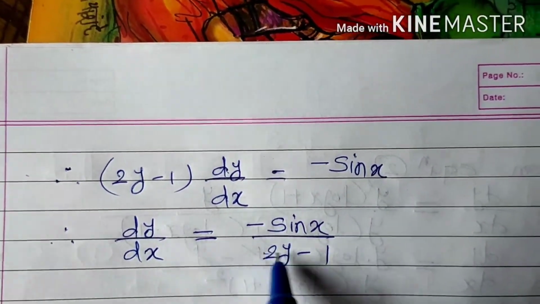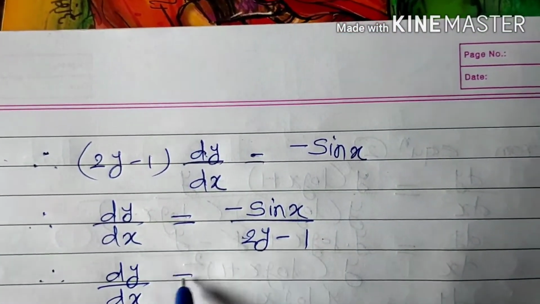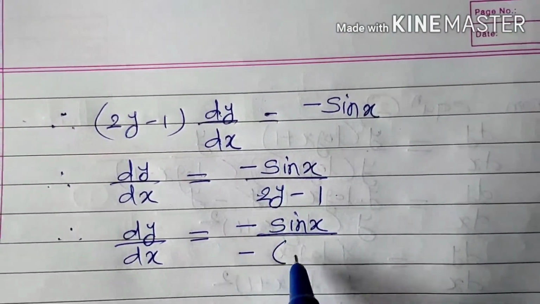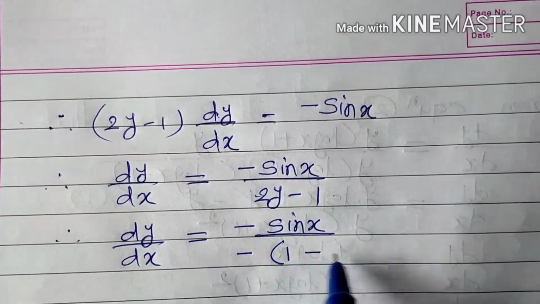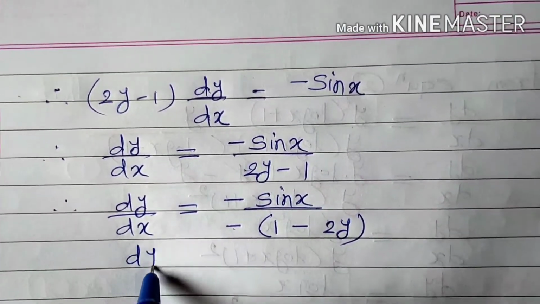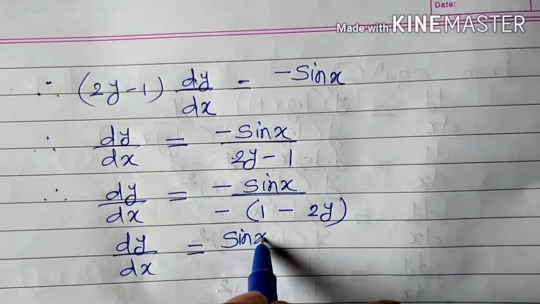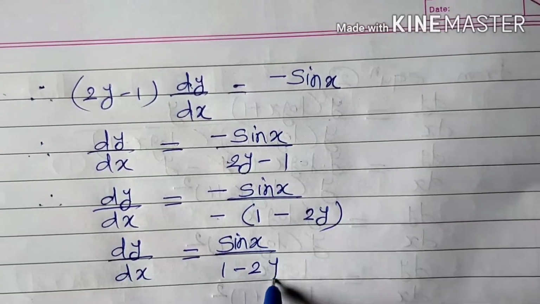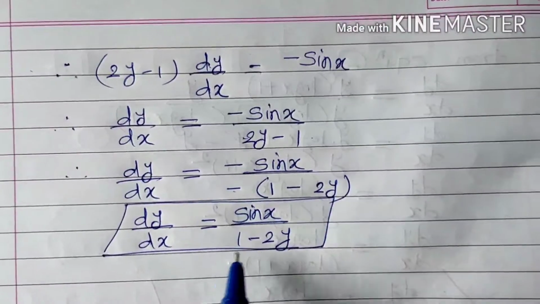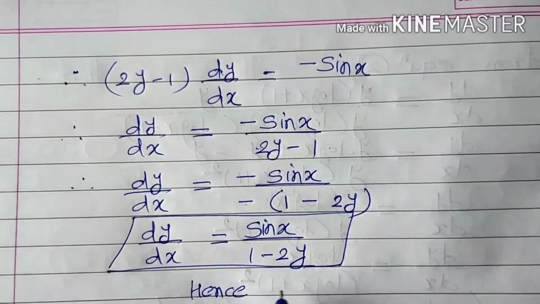But we want 1 minus 2y, so take common minus 1 from this, and it will change to 1 minus 2y. This minus minus gets plus, so we get dy by dx is equal to sin x upon 1 minus 2y. Make it bracket. This is what we have to prove, so hence proved.